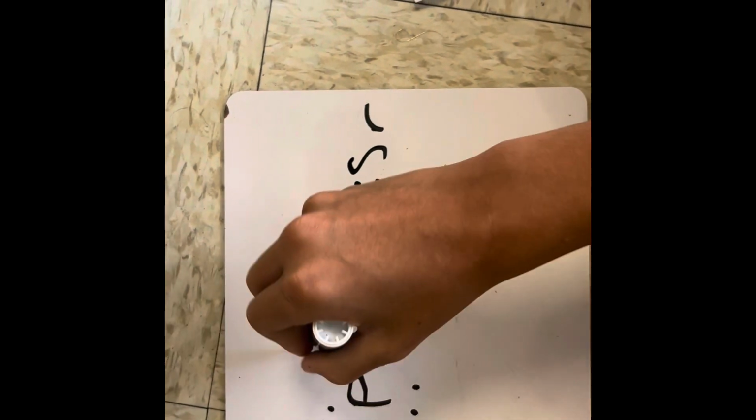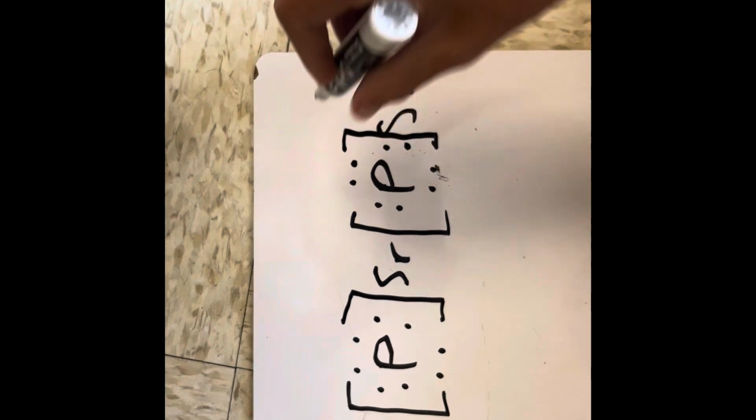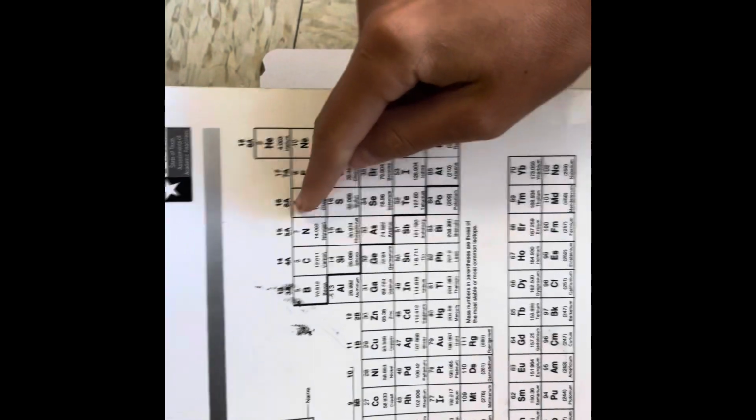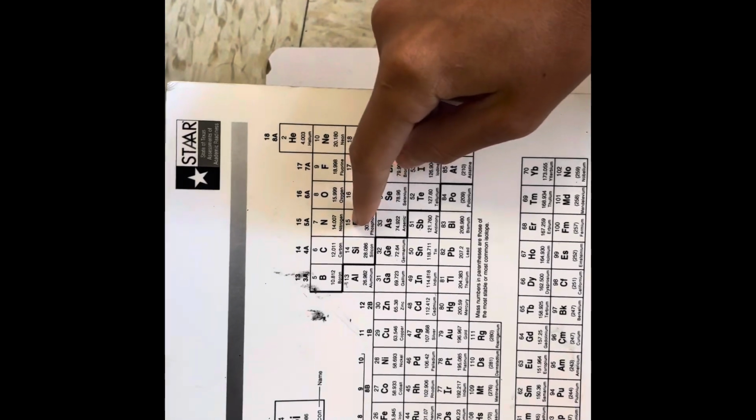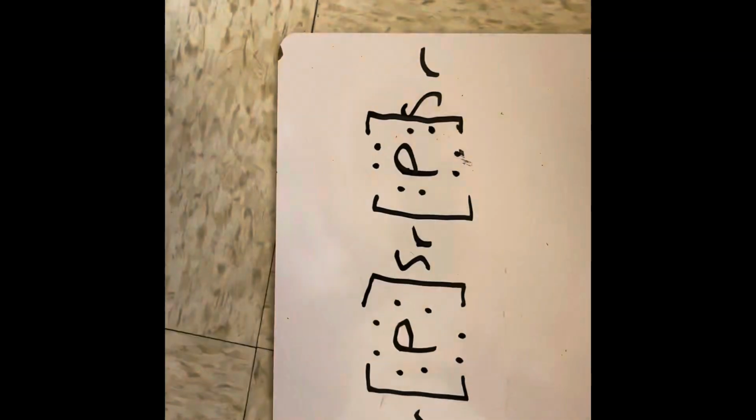So to guard the valence electrons, we'll put brackets around each phosphorus and put their charge, which in this case, if you look on the periodic table, phosphorus has 5 valence electrons, but it wants to have 8. So it wants to steal 3 valence electrons. So it'll have a charge of -3.